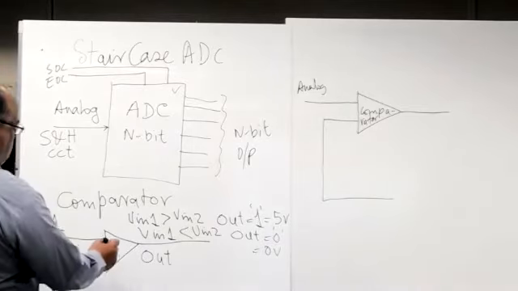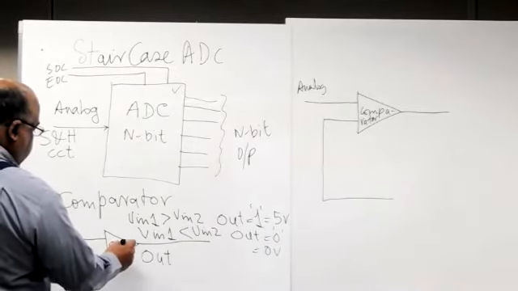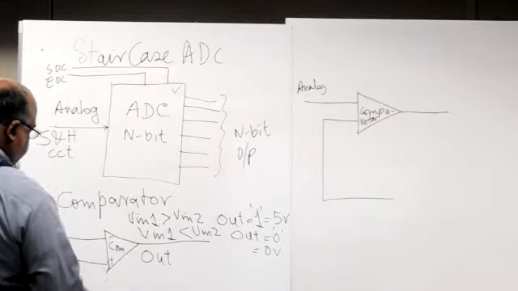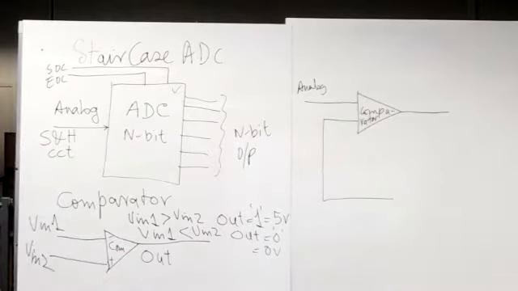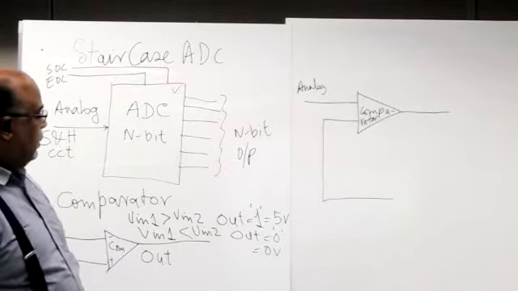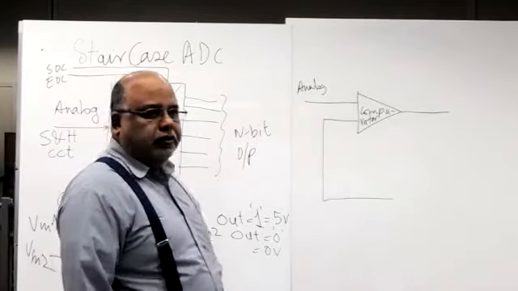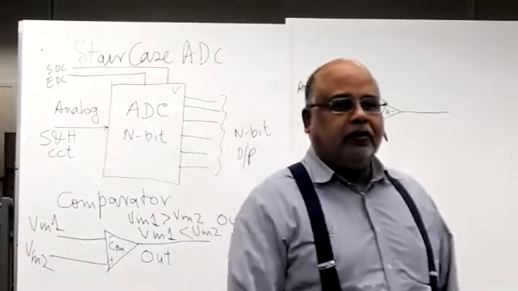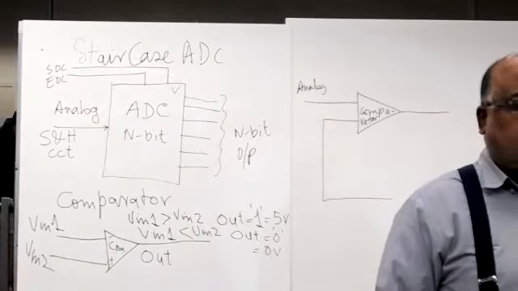This is the job of the comparator. It converts these two inputs into digital form. That's the first thing that brings the analog circuit into the digital domain.